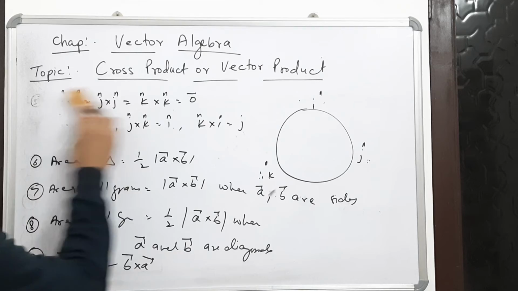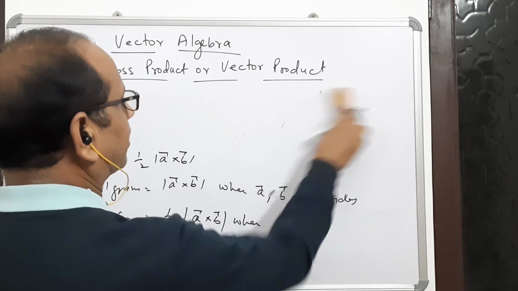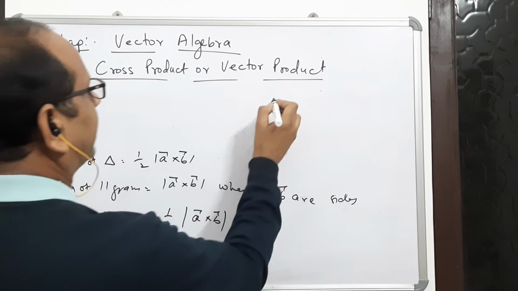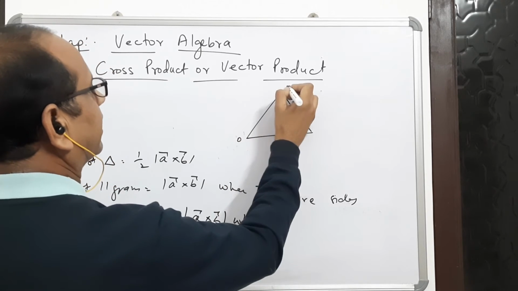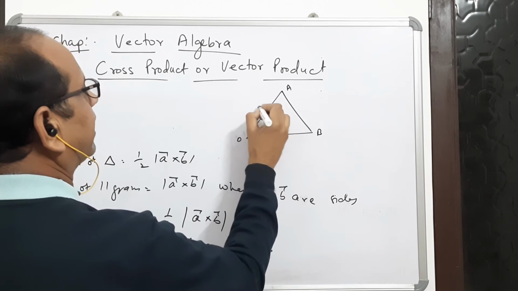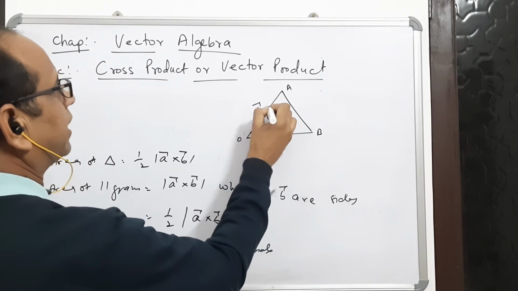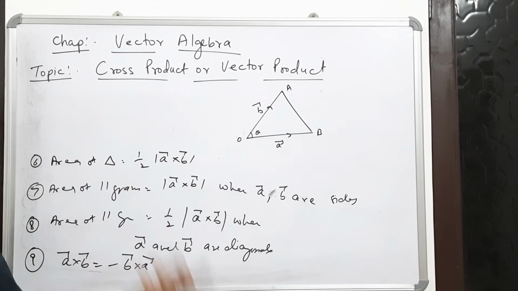Another application of the cross product, a very important application: if vector A and vector B represent the sides of a triangle, and this represents vector A and this represents vector B and theta is the angle between them, then with the help of the cross product we can find the area of a triangle in 3D.